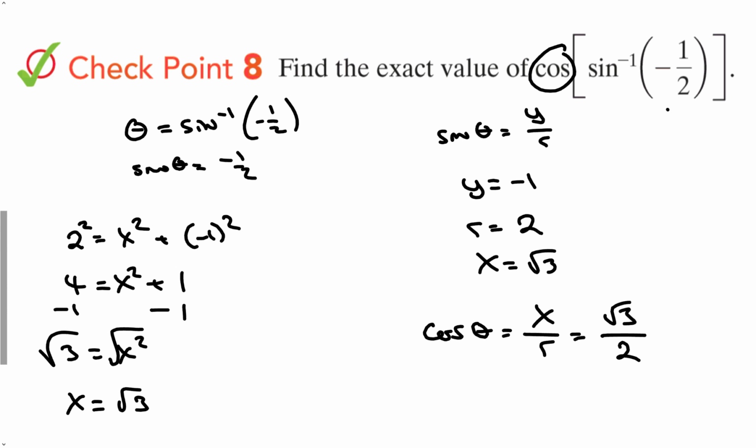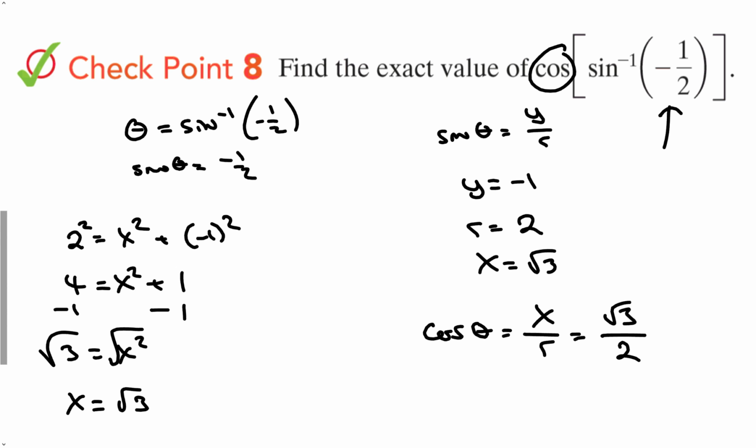And I did all that without having to, because you should have realized that that's on the unit circle. So I know the angle. Okay, the inverse sine of negative 1/2 is negative pi over 6.